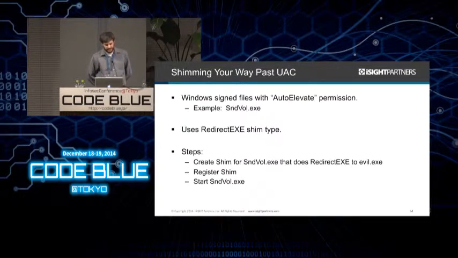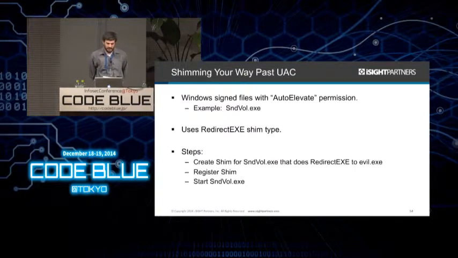You register it using either stb inst or some other mechanism, and you start sound volume. So sound volume is being started by the Windows loader. The Windows loader says, okay, I need to elevate it. So it elevates it, and then it says, okay, well, there's a shim I need to apply, and it applies the shim. And the shim says, okay, do a create process to evil. Evil's now elevated, and then sound volume goes away.